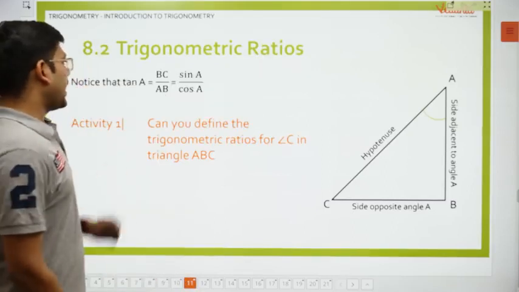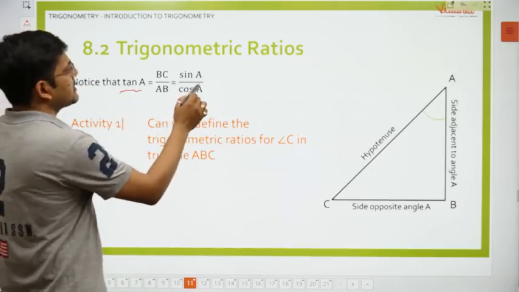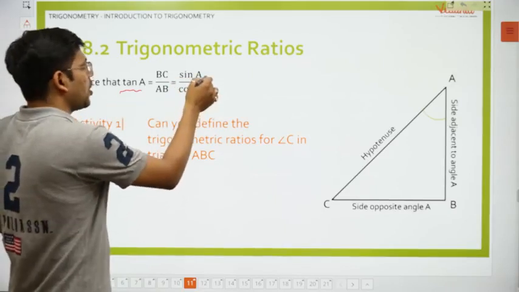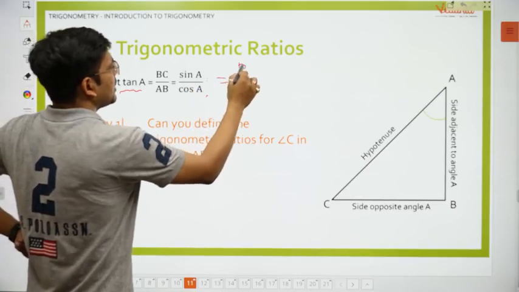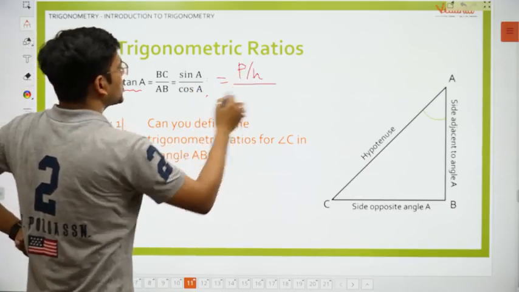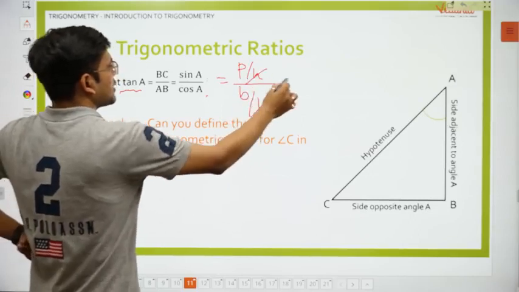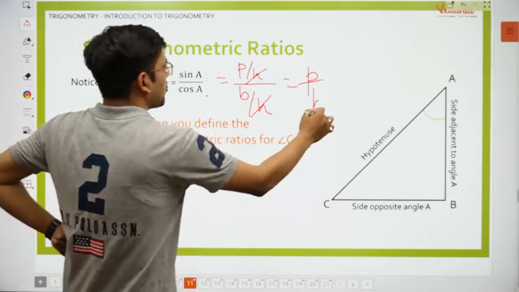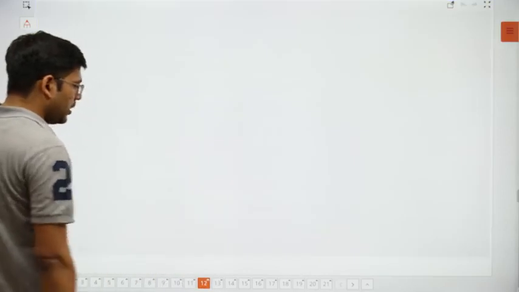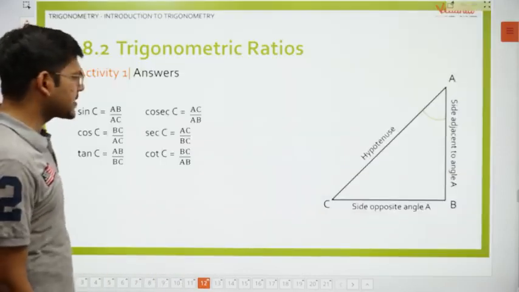Now, tan A, I have already told you that tan is the division of sine and cos. This sine is perpendicular upon hypotenuse, cos is base upon hypotenuse. Hypotenuse gets cancelled and this becomes perpendicular by base. Now, moving on to the next.